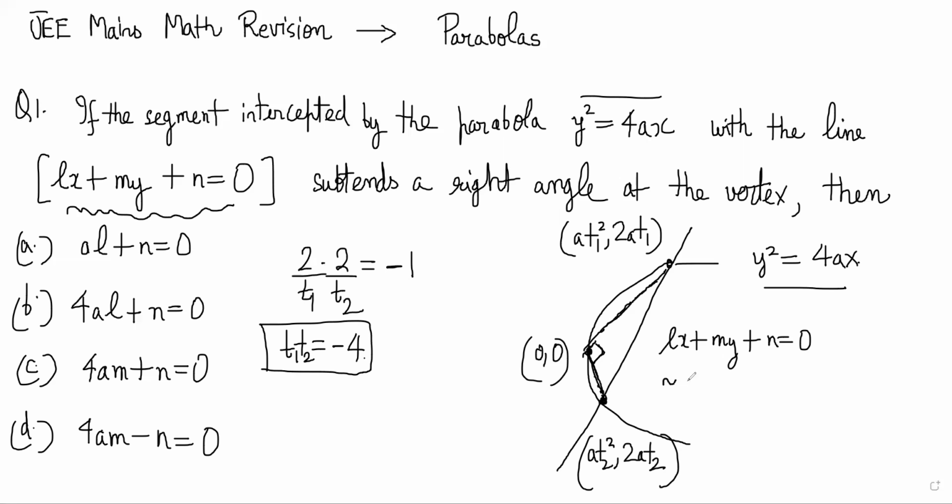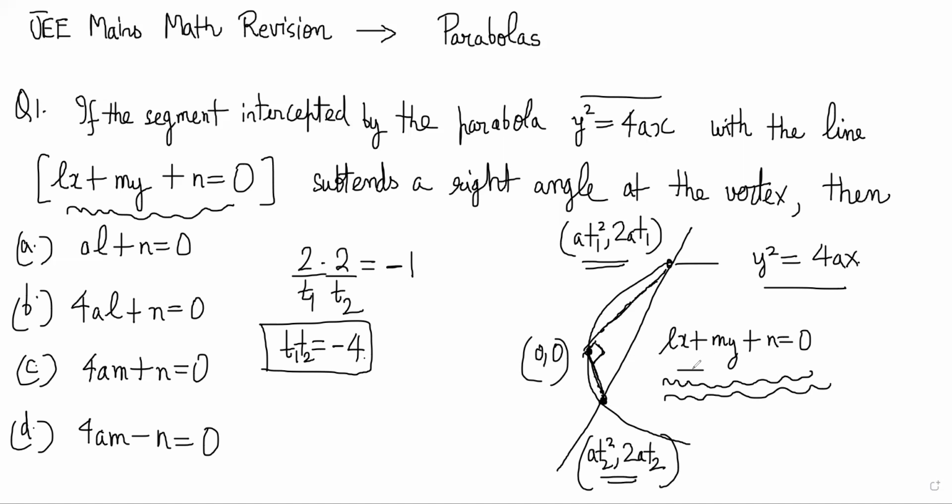Then you have to figure out what you can do about this line equation. If you have a line like this, clearly it cuts the parabola at 2 points. So definitely (at1 square, 2at1) and (at2 square, 2at2) lie on the line.